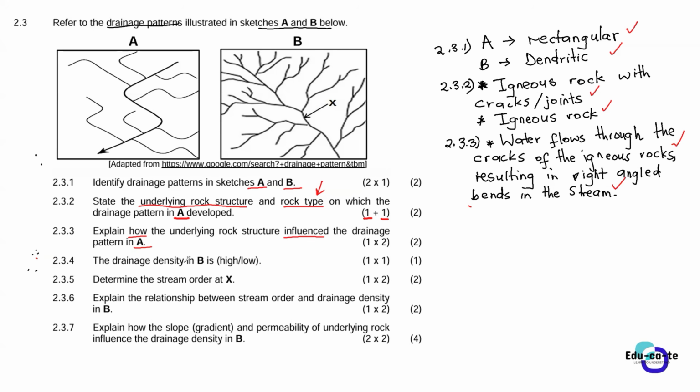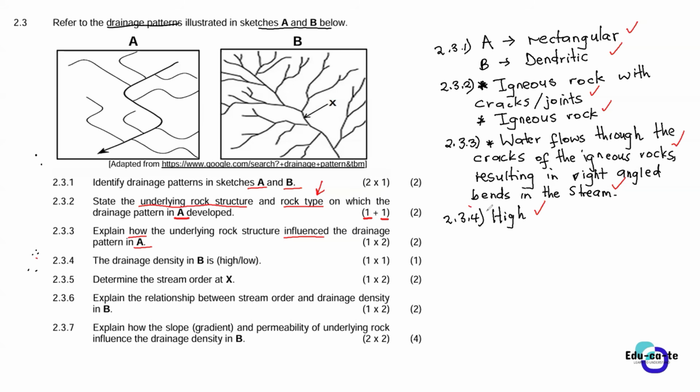2.3.4. The drainage density in B, is it high or low? It is high, right? We've already compared it when we introduced the lesson. You can see there are more streams in B than at A. So you can say that we've got higher drainage density.